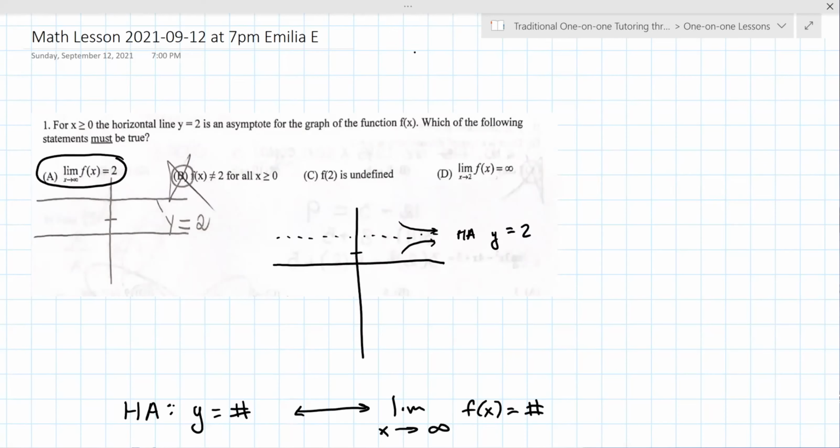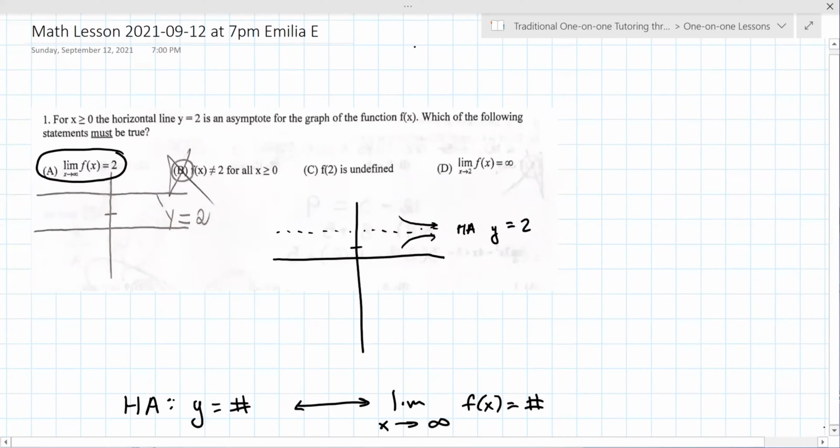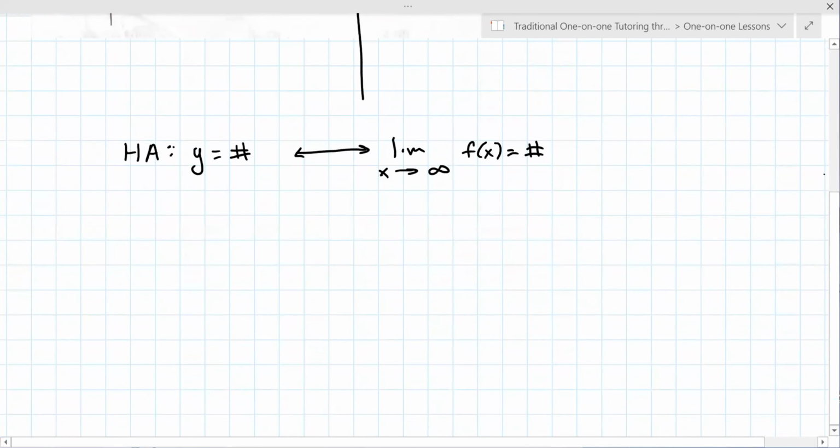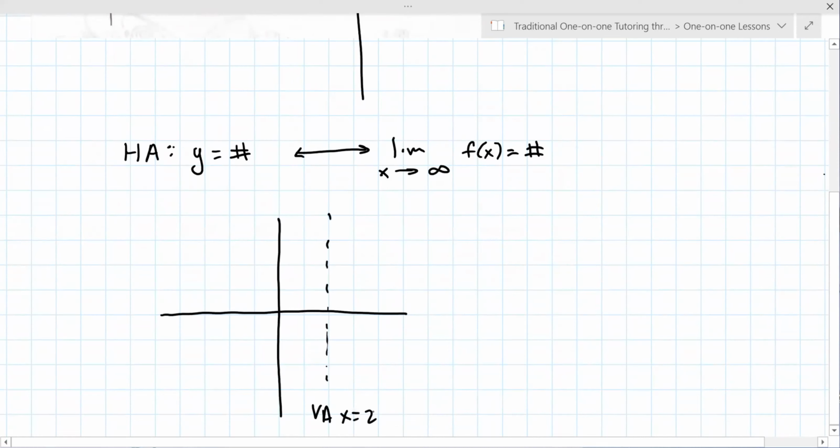Yeah, I could make one up here if you would like. Well, it would just be the same thing. So let me just draw a graph here. Let's just say it had a vertical asymptote at x equals 2.